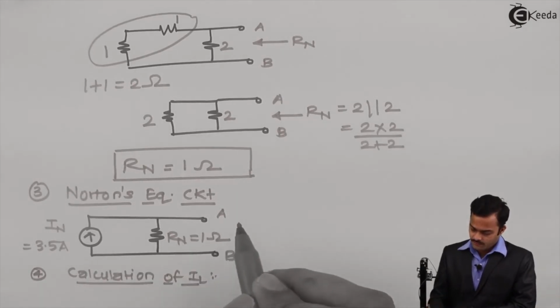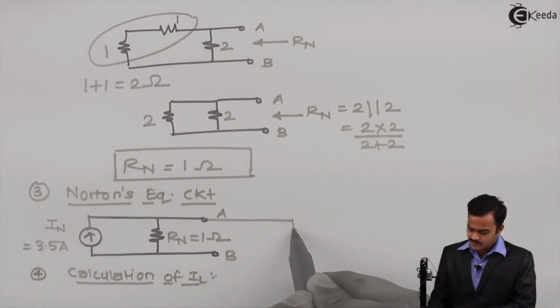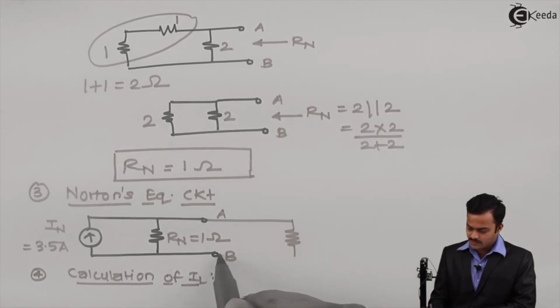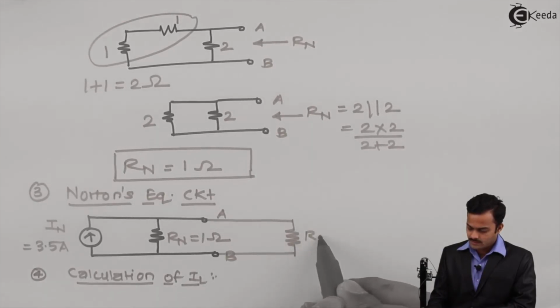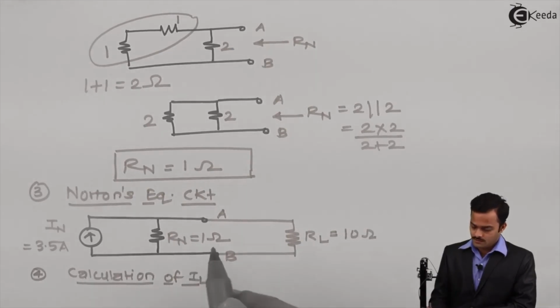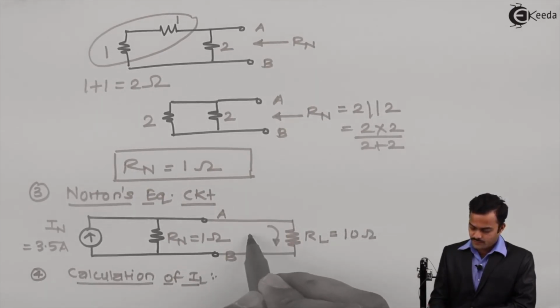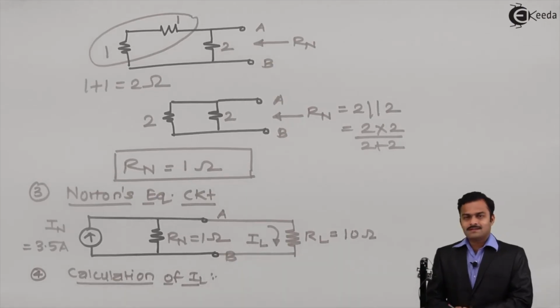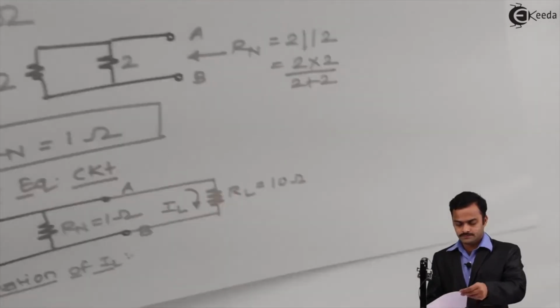For this, we have to connect the load resistance in Norton's equivalent circuit. In our case, the load resistance has the value 10 ohm, because we are supposed to find the current flowing through that resistance. So we have to use the current divider rule.